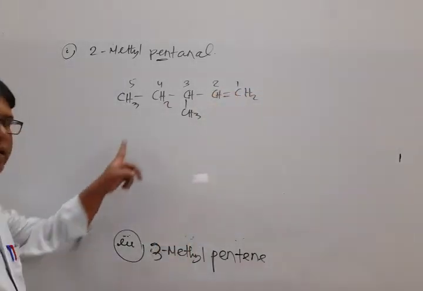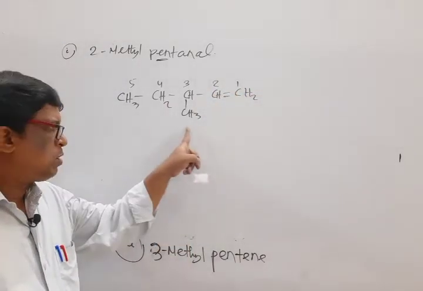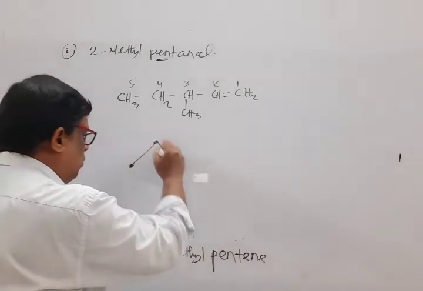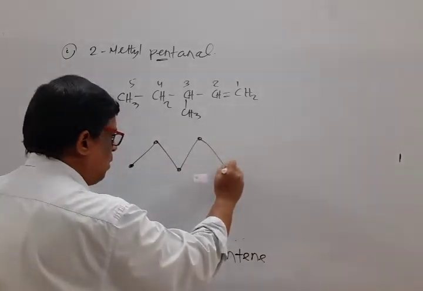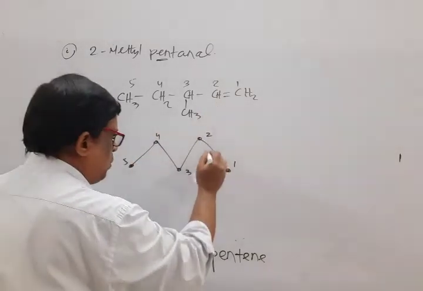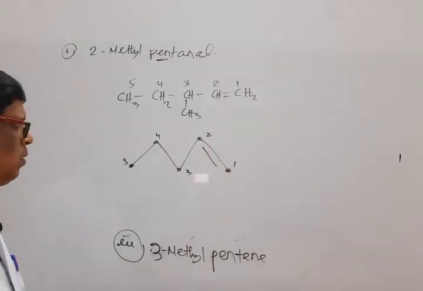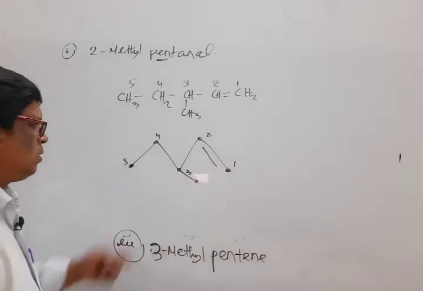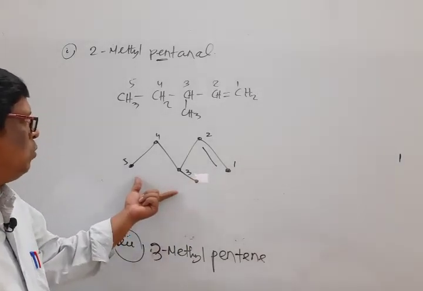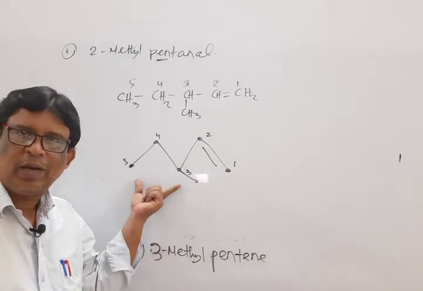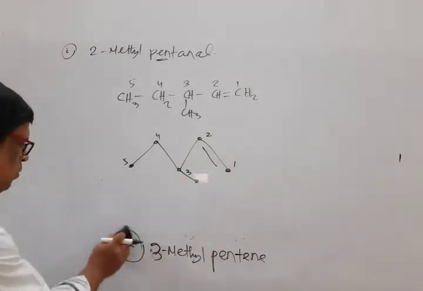It is the normal formula. Now we transfer to bond line. 5 carbon, 1, 2, 3, 4, 5. So 1 position double bond, we can write here double bond. 3 position 1 branching, we can write in this way. So it is known as 3-methyl pentene.